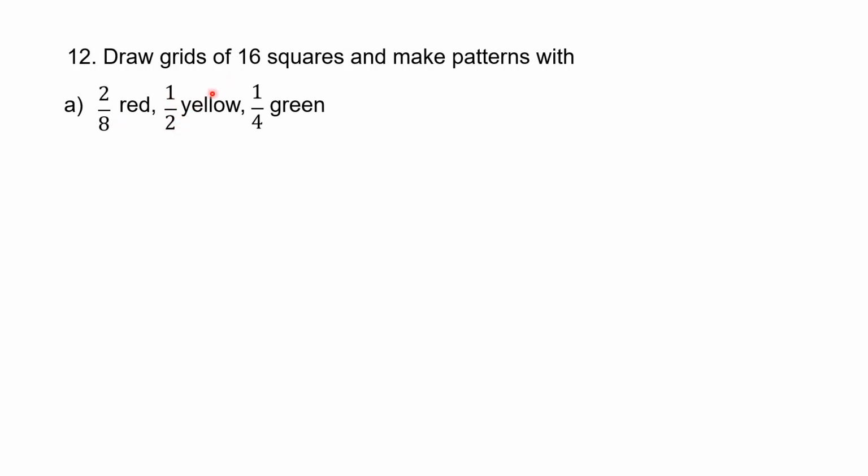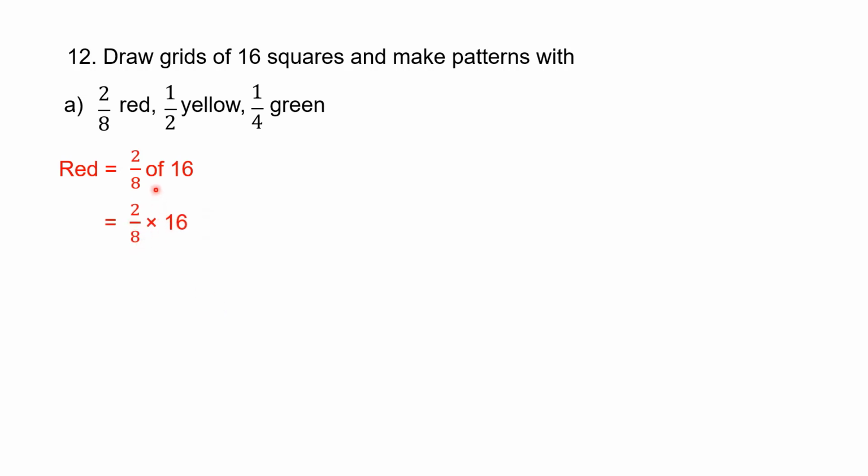Half of 16 squares must be in yellow, and 1/4 of 16 squares should be in green color. Let us find out what is the value of 2 by 8 of 16 squares. 2 by 8 of 16. 2 by 8 multiplied by 16.